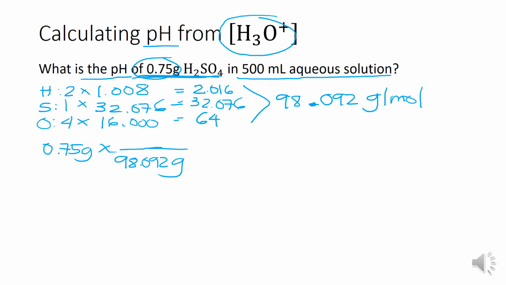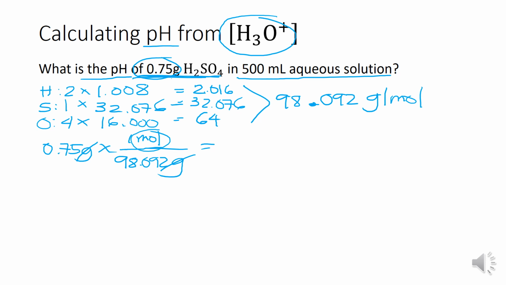That cancels the grams and gives a unit of mole. Let's input that in the calculator: 0.75 divided by 98.092, and that is 7.646.